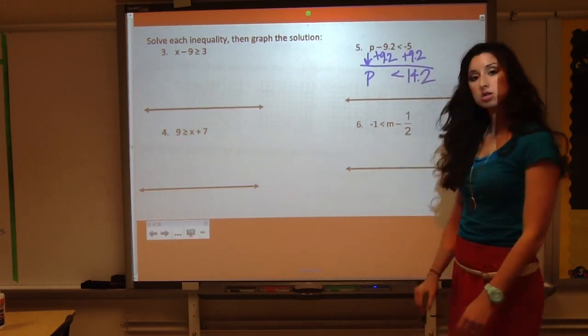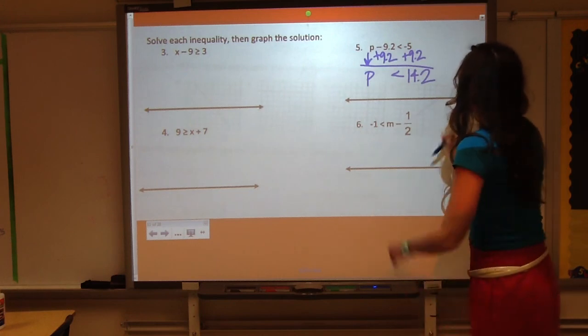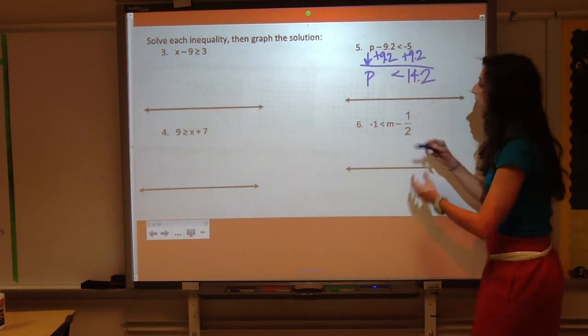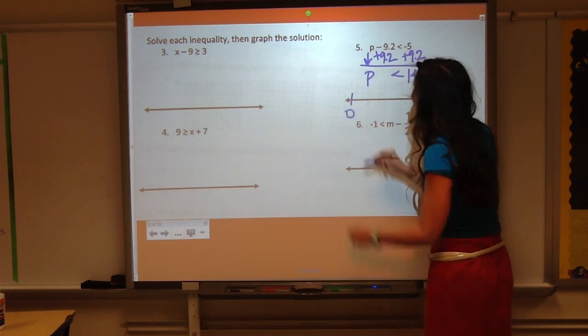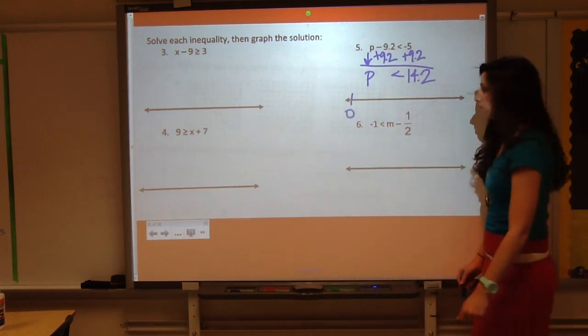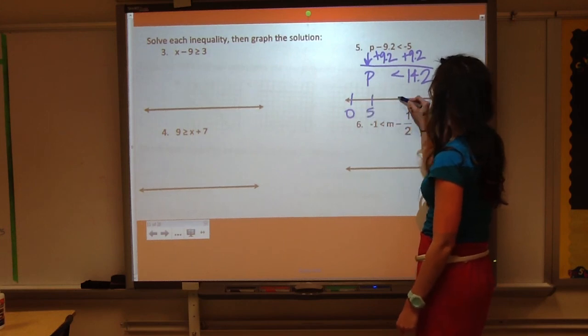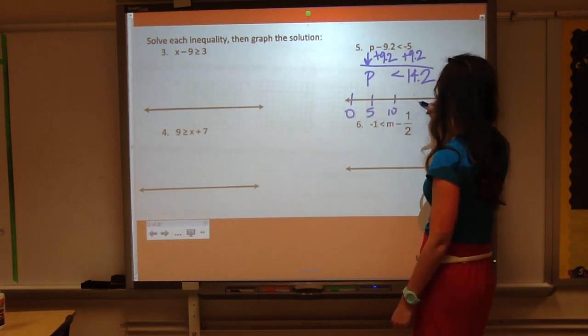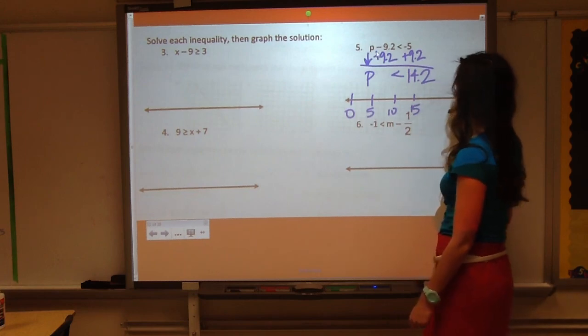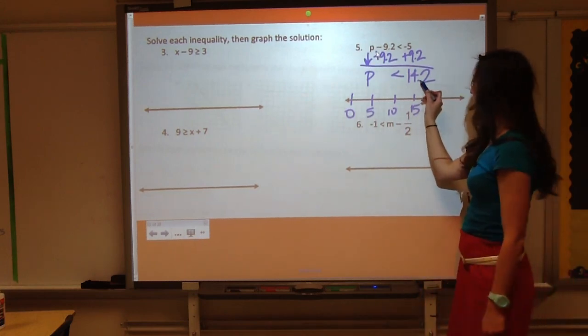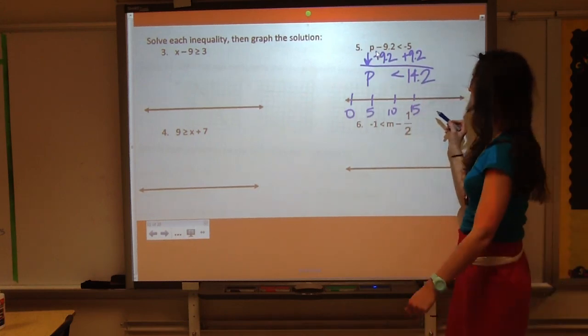Now I'm going to have to actually draw it on the number line. So because my number is pretty big, I'm going to put my 0 way over here because I've got to make it a lot of positive numbers. And then I'm just going to count by 5s. 5, 10, 15.